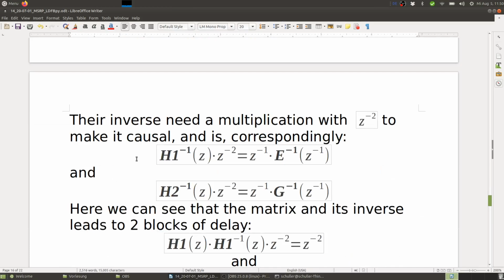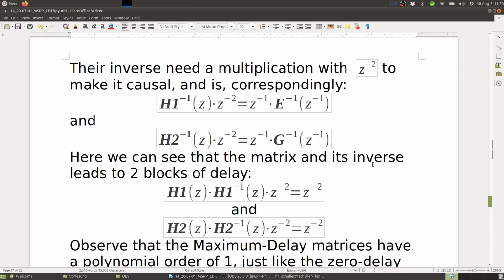And also the inverse then needs a multiplication with z to the minus 2 to make it causal. So this is where we get a lot of delay. This is the inverse of the matrix from the analysis, which we need for the synthesis for perfect reconstruction. And you can see this is the inverse of the H1 matrix times z to the minus 2.